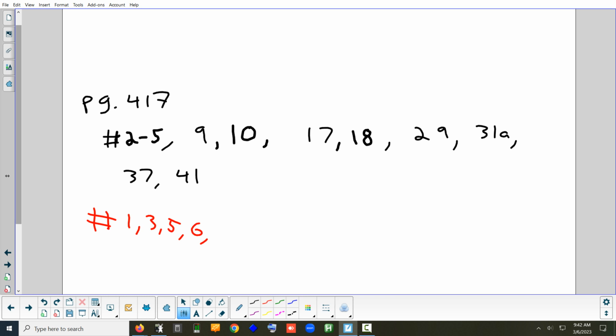It's going to be about the same number of questions. I'm just changing the actual questions. So 1, 3, 5, 6. Let's do 9 and 11. 17 and 18.